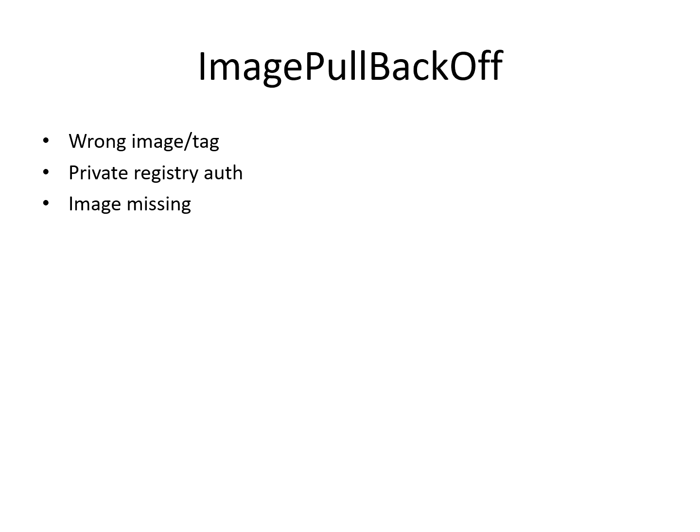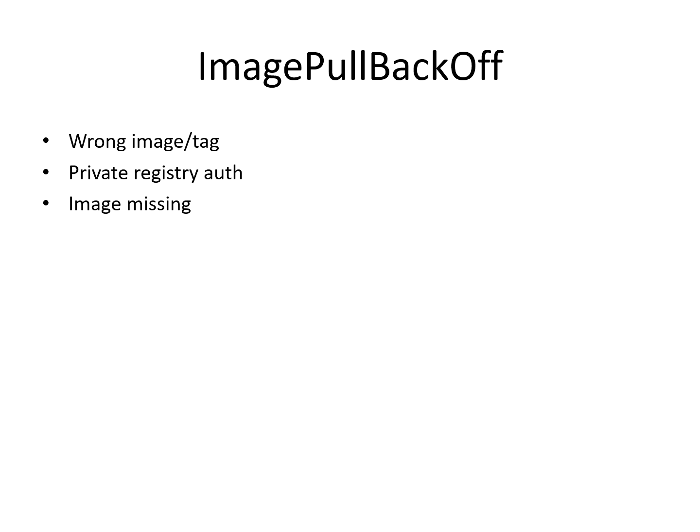We'll see ImagePullBackOff. Suppose Kubernetes is trying to download a container image. While downloading the image, an error is visible stating ImagePullBackOff. What are the possible reasons for this?